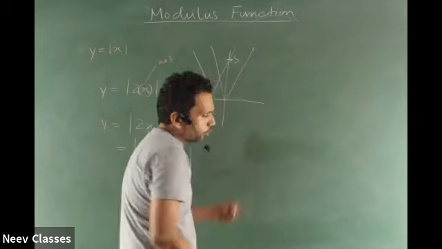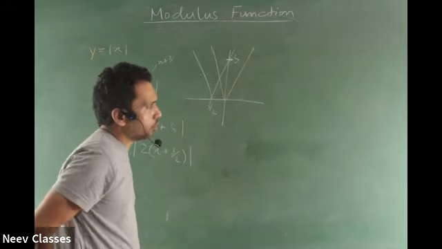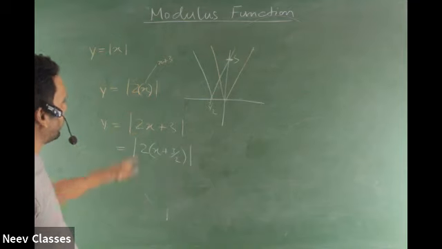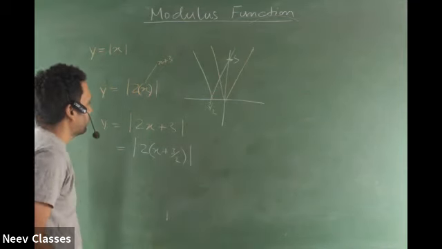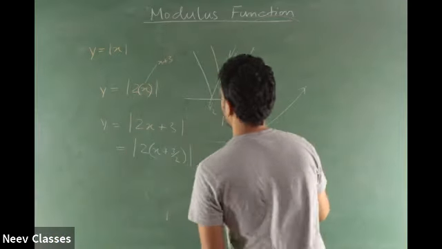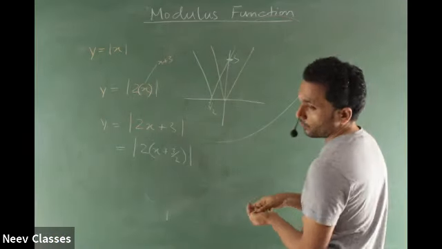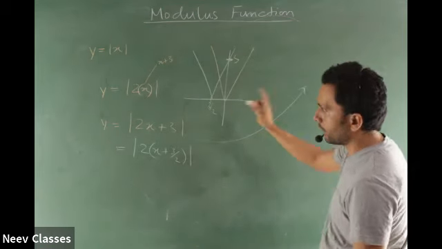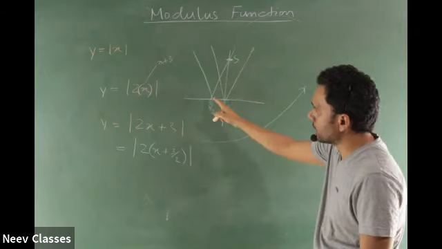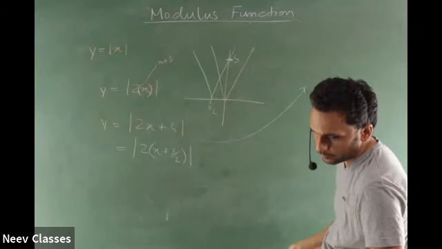Because if you don't take 2 common, it will become a root 2x the whole square and it will become even more difficult. In the linear equation, the other way of treating it is like this. So this is another way of treating the graph. Okay, one is by transformation. And you are getting this answer through transformation. I said we have done enough transformation, so I'll do something else.